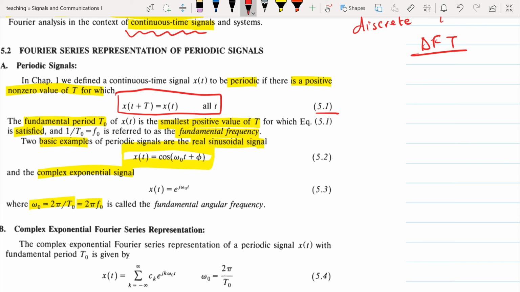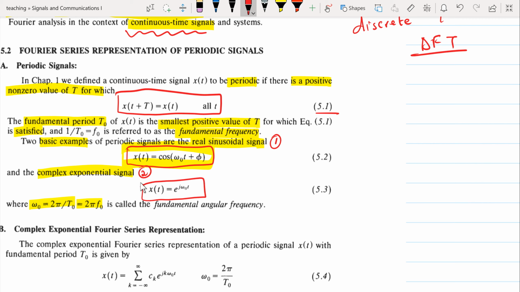Now we say that the two basic examples of periodic signals are: one, the real sinusoidal signal that may be represented by equation 5.2, and two, the complex exponential signal that is represented by equation 5.3.